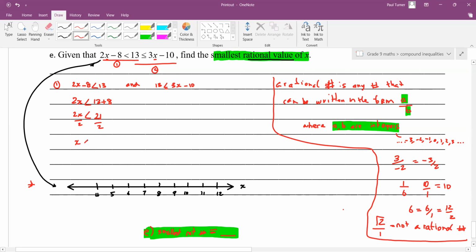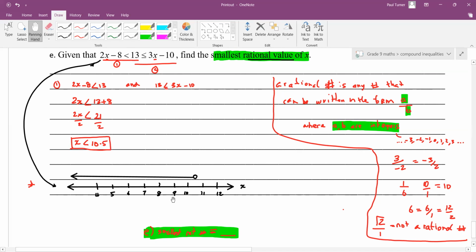So x will be less than 10.5. So this will give you your first ray, your first arrow. So let's go from 10.5 and less than that. So 10.5 is around here. So let's make an arrow going to the left.